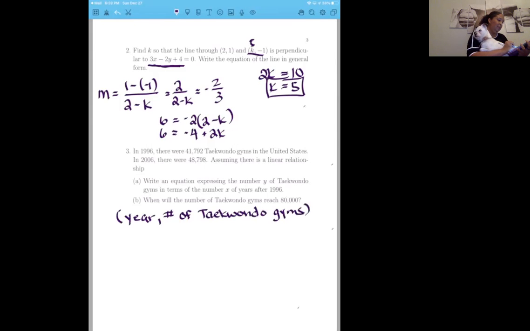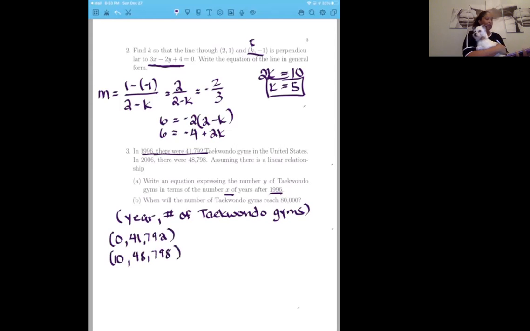They are telling me that it's X years after 1996. So I'm going to look at 1996, and that is year 0, and there are 41,792 Taekwondo gyms. In 2006, well, that is 10 years after 1996. There are 48,798.